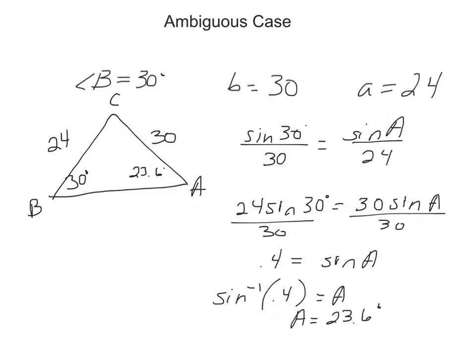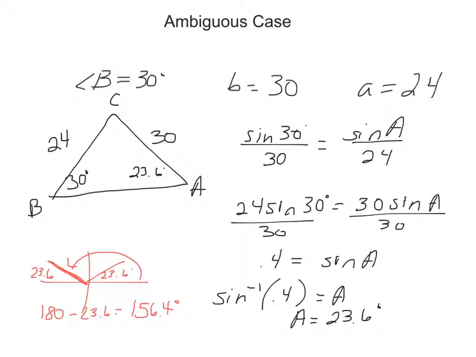Now, I had said that there's possibility of having multiple cases. The reason that happens is because sine is positive in both the first quadrant, where that 23.6 is, and also in the second quadrant. Second quadrant angles from 90 to 180 are still possible in a triangle, just making an obtuse angle. So we need to find out what this angle is. It has a reference angle of 23.6, so I'm going to do 180 minus 23.6, and that comes out as 156.4 degrees.